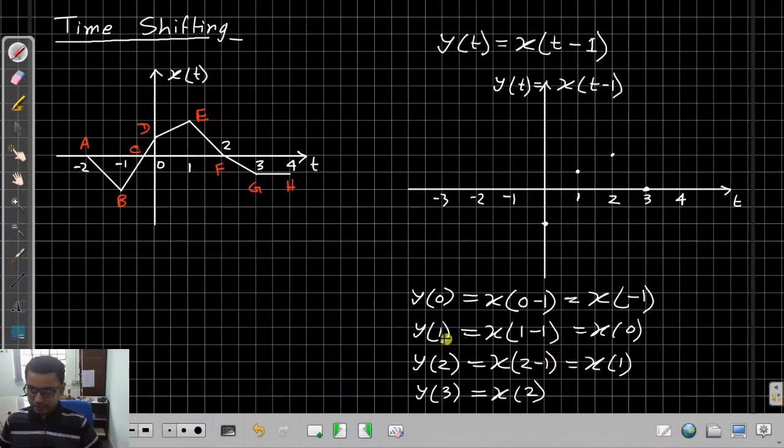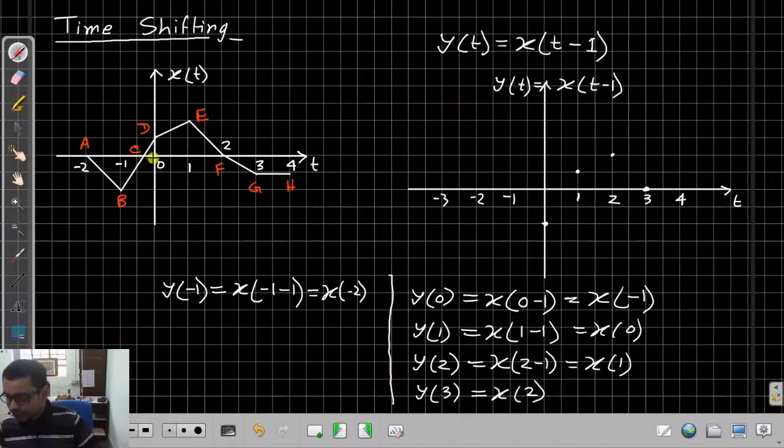Y of minus 1 will be x of minus 2, and x of minus 2 is 0, so we put a 0 here, and let us now join all these points.